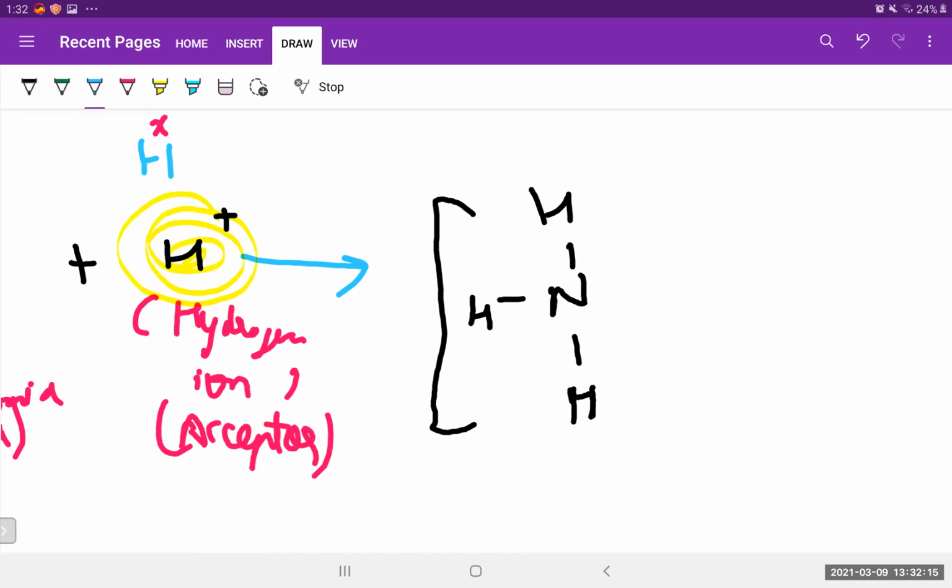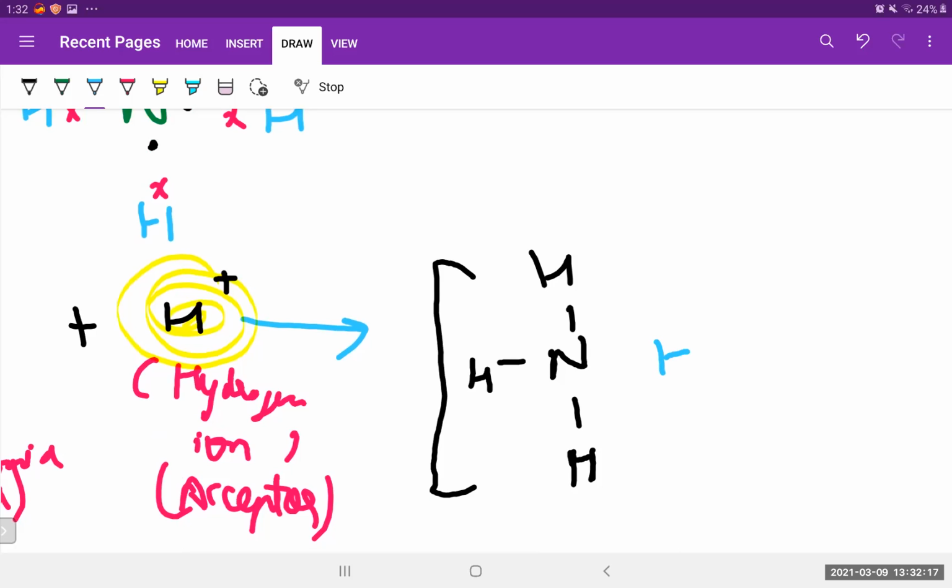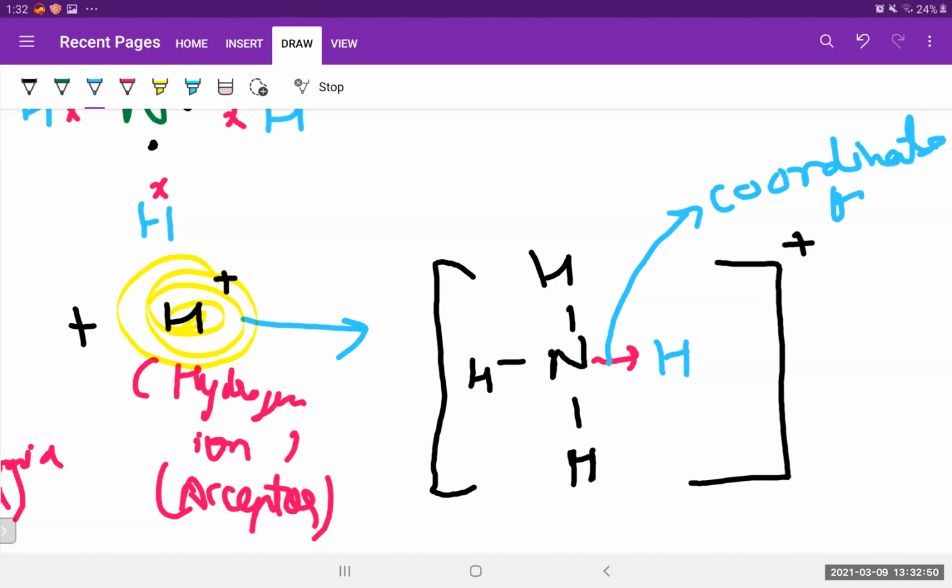So one more new hydrogen is added to it, and we'll make an arrow which says that it's sharing. And this is what we call a coordinate bond. We have a plus charge on it. Is it clear, everyone? So this is called the coordinate bond.